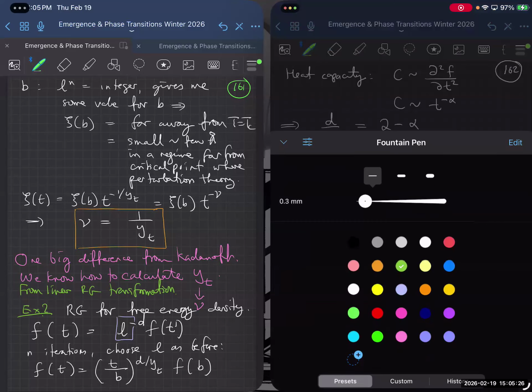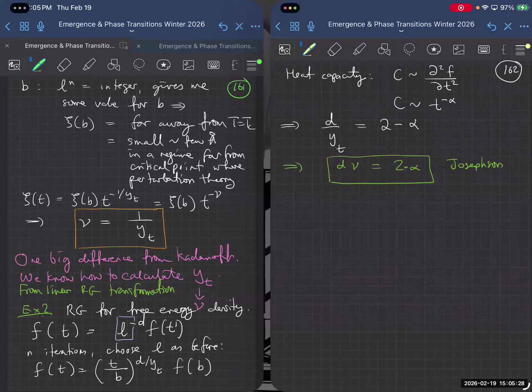But now it's better than Josephson's scaling law, because this thing I calculated. It's just 1 over Y sub T, and I calculated Y sub T because it's the exponent describing the relevant eigenvalue from the linearized renormalization group transformation.